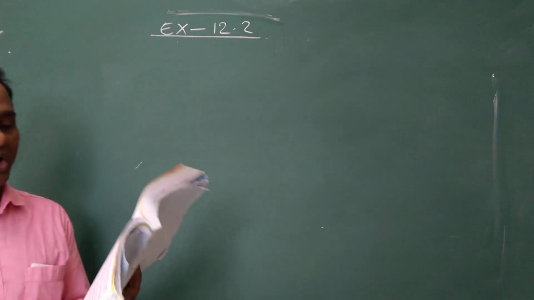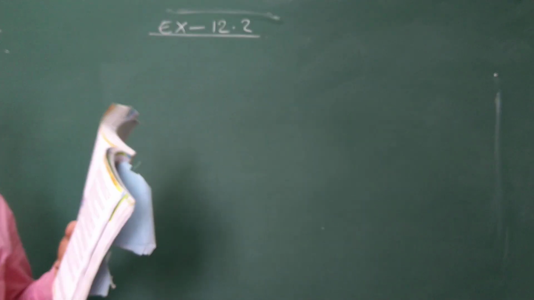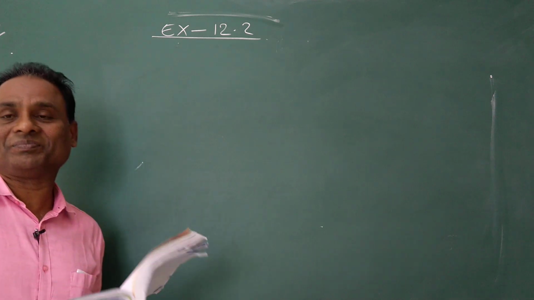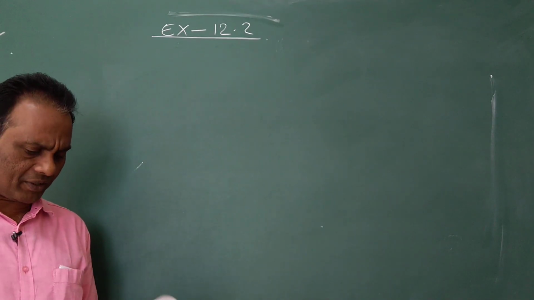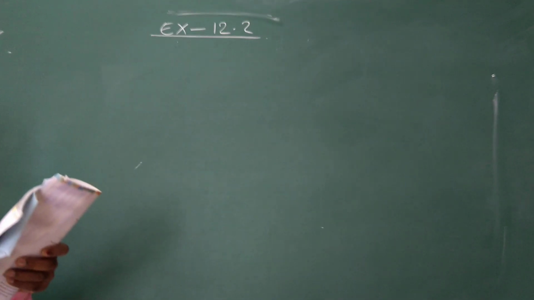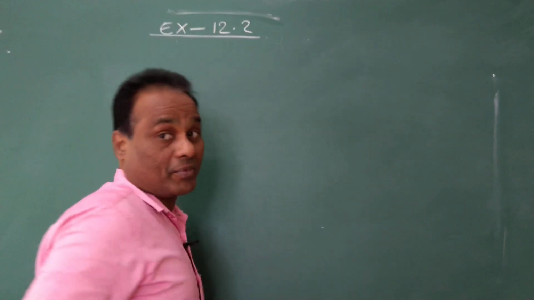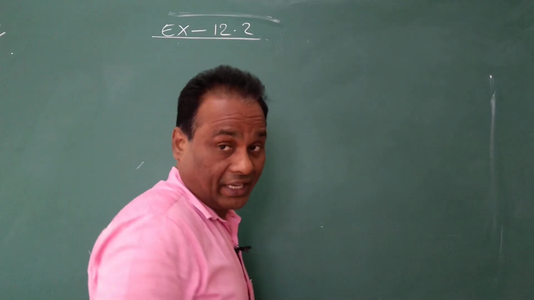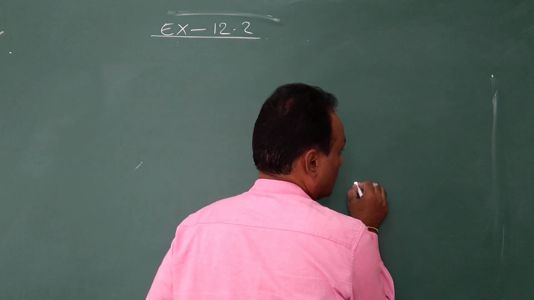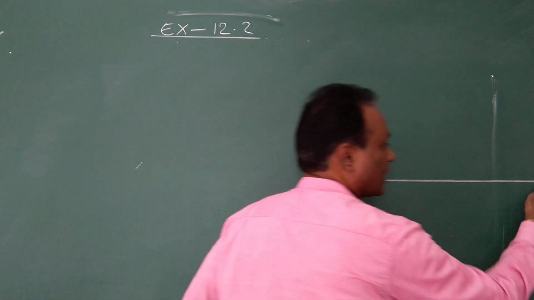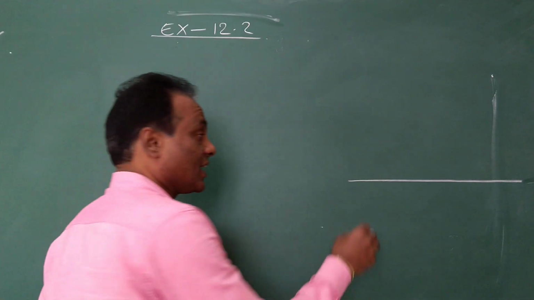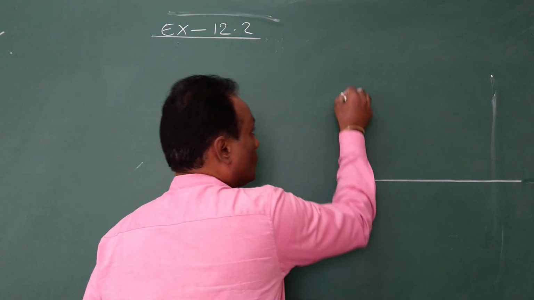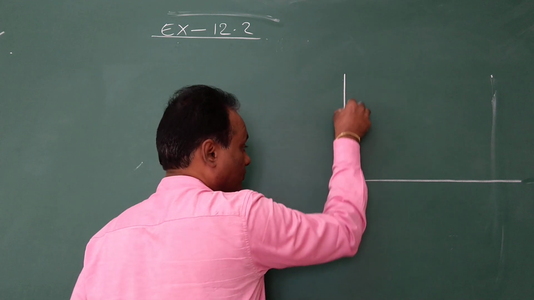Seventh problem, you all read it, and even I said you try to draw the diagram, a rough diagram, in the rough notebook or on rough paper. Two poles of equal heights. See how I am drawing the diagram. Be careful. This is the ground. On the ground, two pillars are standing.